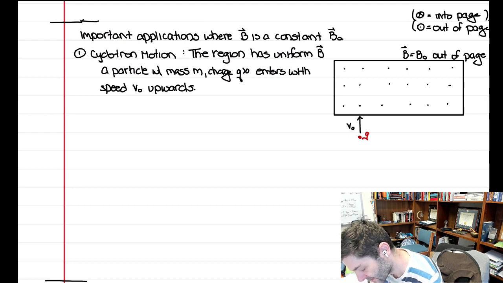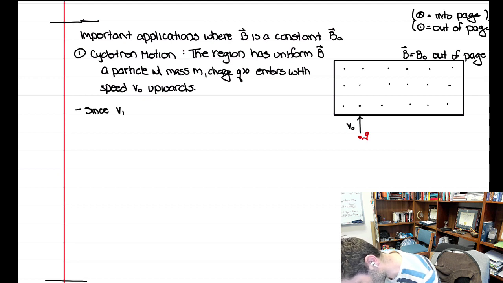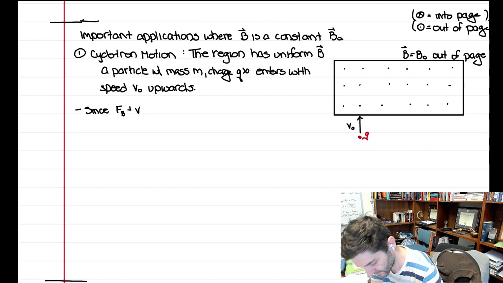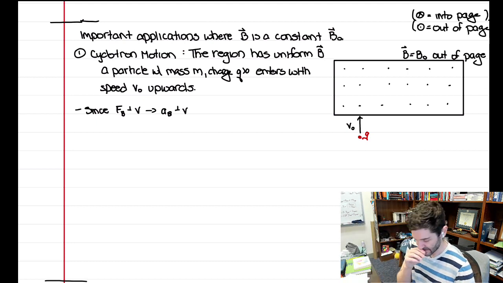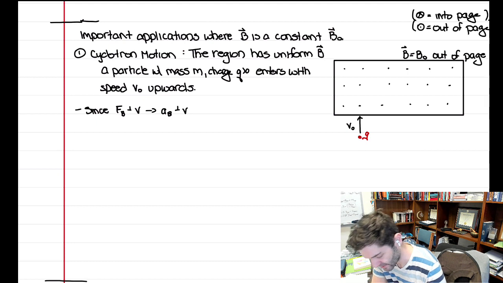So again, we know that, I think I already said this above, but since V is perpendicular, well, it doesn't really matter. Since the force is perpendicular to V, that implies the acceleration that the charge experiences is perpendicular to V. So again, V can't change in magnitude, but it can change in direction.